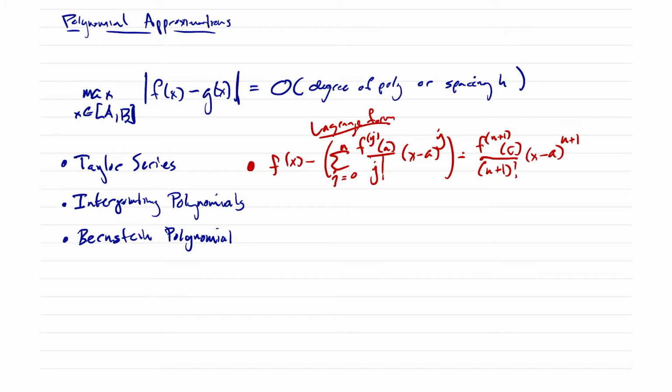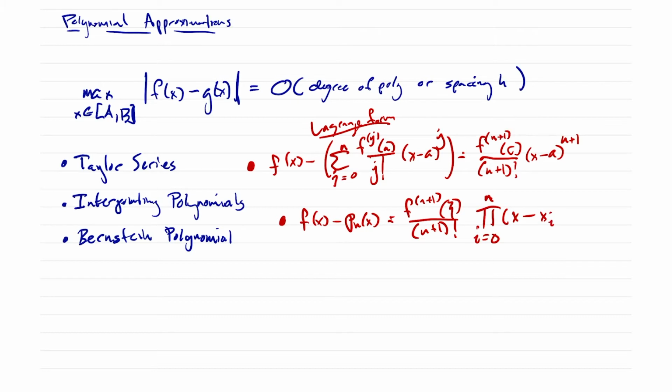So that was that. As far as interpolating polynomials, we had another theorem there. Don't worry, this will be the same one that I used before. If we take a look, we have this one. f(x) minus P_n(x) is equal to the (n+1)th derivative of f at c, divided by (n+1) factorial, times the product over i from 0 to n of (x minus x_i).